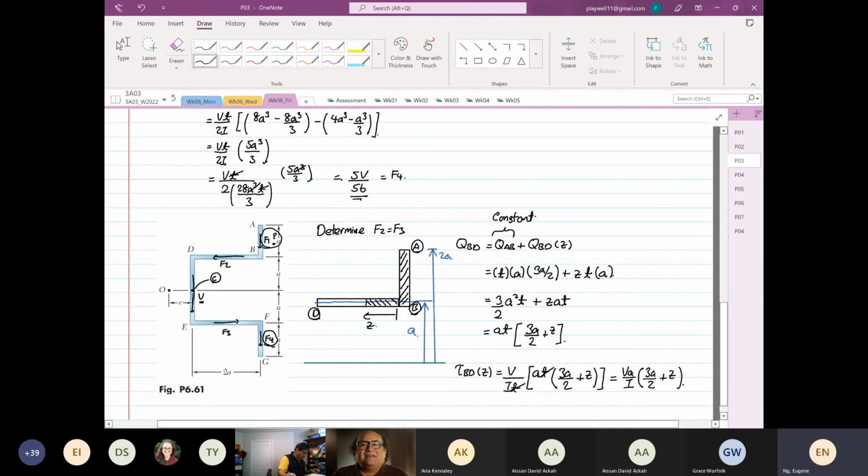Okay. Then we're going to find our force from number 2. Why do we multiply QBD by Z? Because this is the width. Okay, this is Z. This is our depth T. And this is our Y bar.